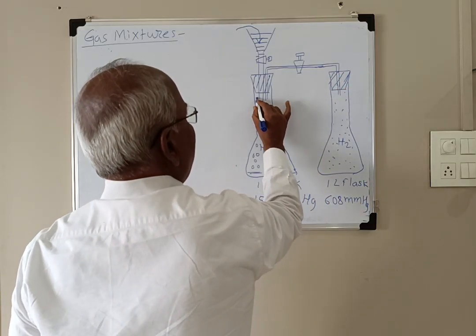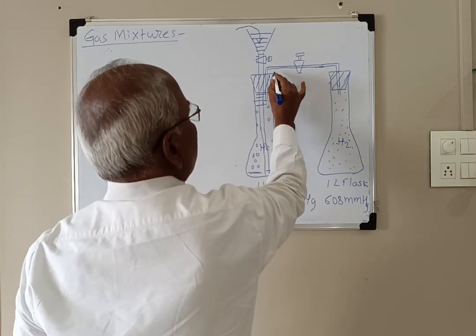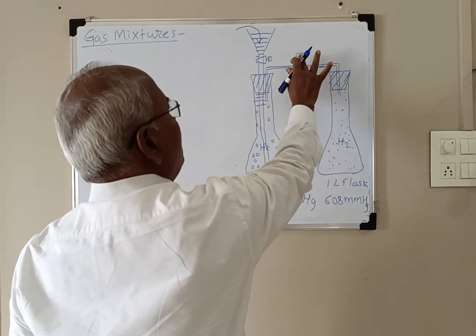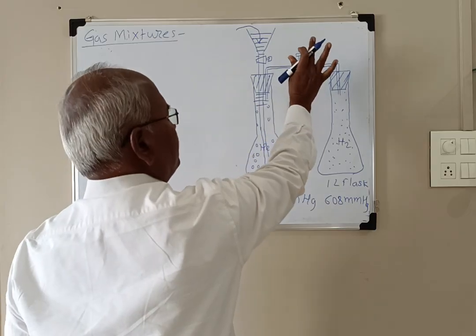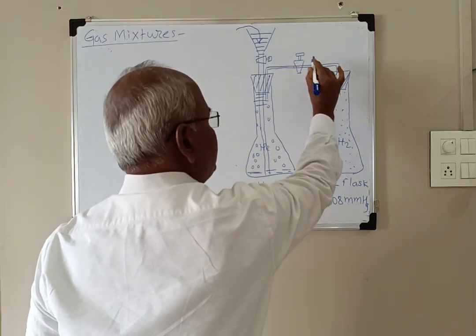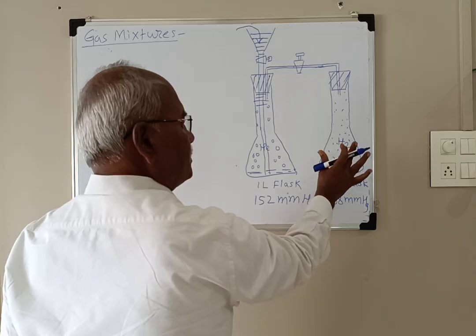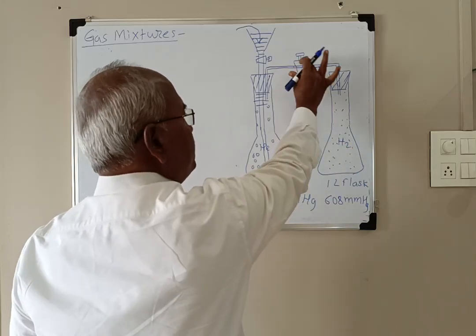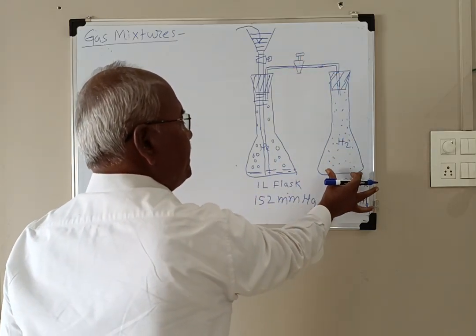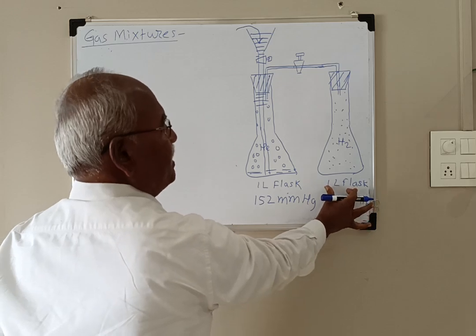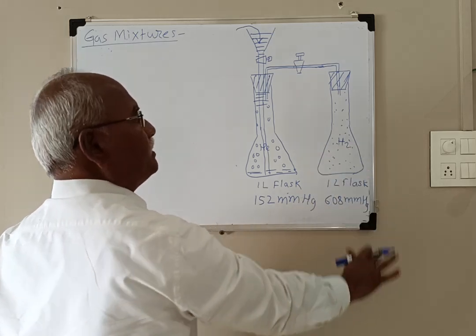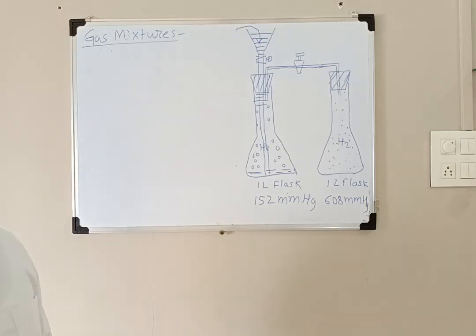When this flask is filled with mineral oil up to here, close the cork. All helium has passed through this tube and entered this 1 liter flask containing hydrogen.